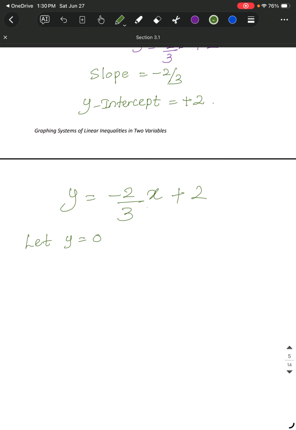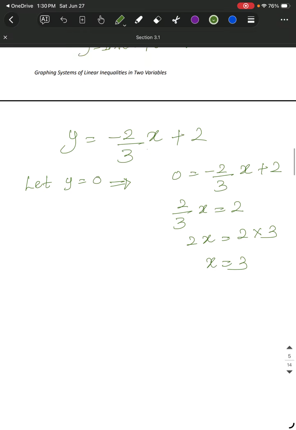Let y equal 0, then 0 equals negative 2 over 3 x plus 2, so 2 over 3 x equals 2, 2x equals 2 times 3, x equals 3.